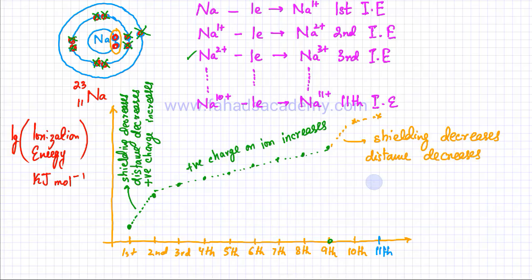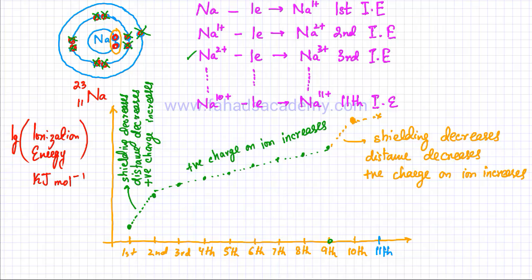And the third factor is that the positive charge on the ion increases. So all these three factors say that the ionization energy of the 10th electron is going to be greater.